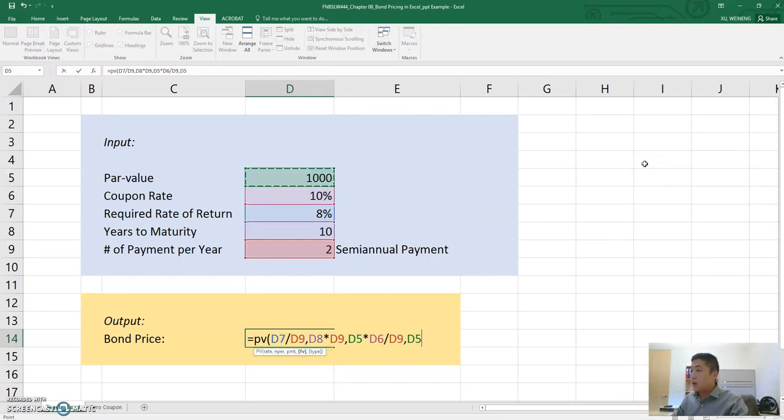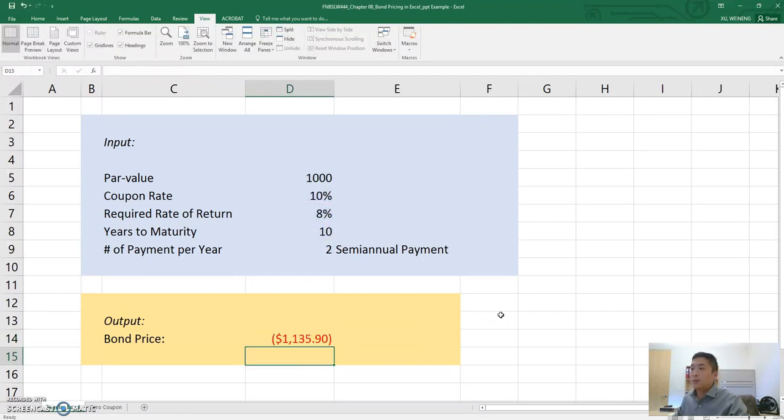All right, so now we have everything ready, and you don't need to worry about the type, because the type asks you to identify if those payments are made at the end of a period or at the beginning of the period. Since this is a bond, coupon payments are made at the end of the period by default. So don't worry about that, and just close the parenthesis, and you hit enter.